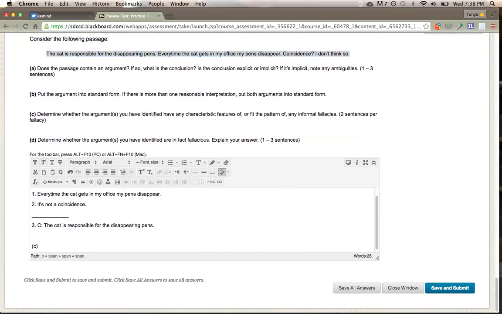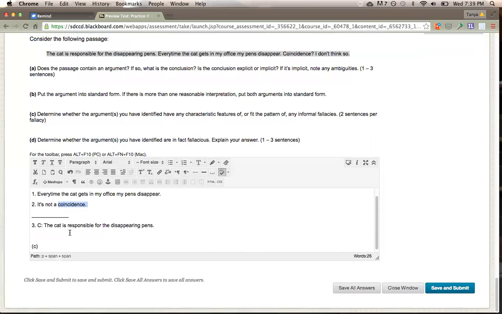So let's ask ourselves, does this argument, as we've reconstructed it, have any of the characteristic features or patterns of an informal fallacy? Now, the claim about coincidence and every time A happens, B happens, hopefully this is flagging as maybe a correlation-causation kind of thing going on.